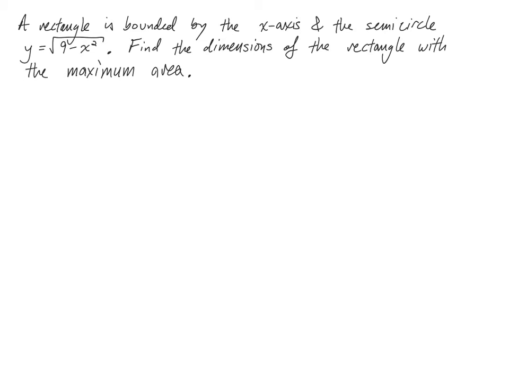So at the moment, we know this equation. It's y equals square root of 9 minus x squared. We know this is a semicircle. And I think we also know that it is bounded by the x-axis.